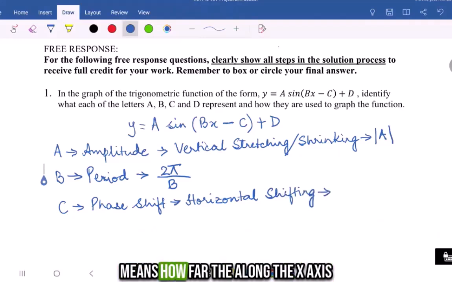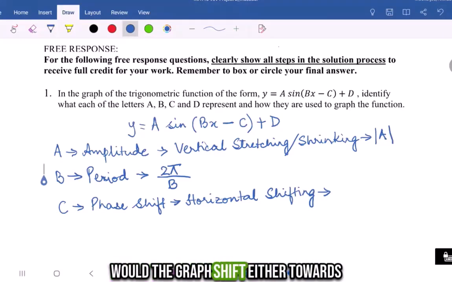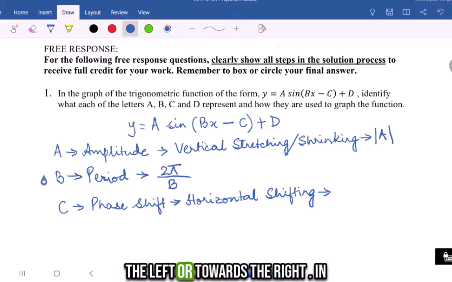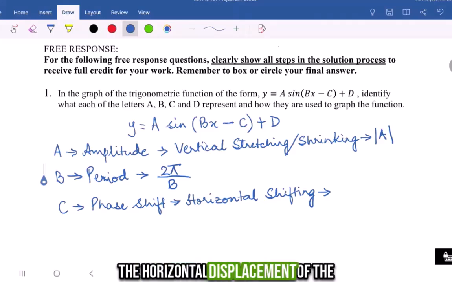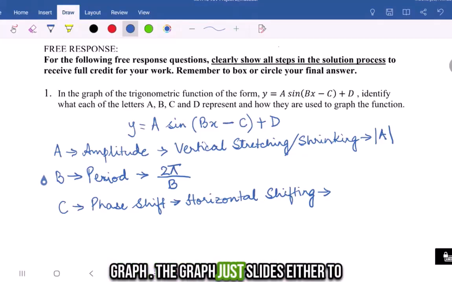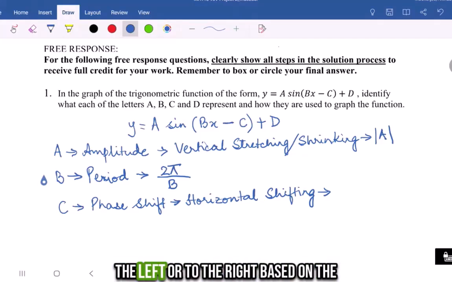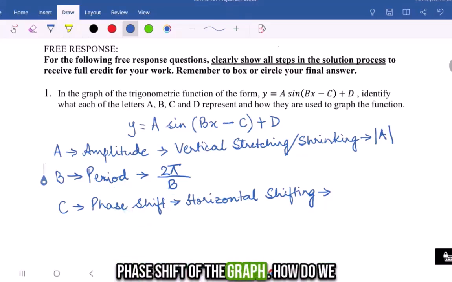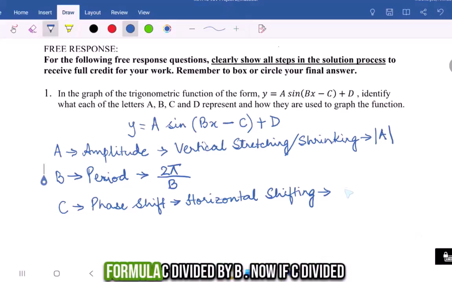That means how far along the x-axis would the graph shift, either towards the left or towards the right. In other words, it tells us about the horizontal displacement of the graph. The graph slides either to the left or to the right based on the phase shift of the graph. How do we calculate the phase shift? Using the formula C divided by B.